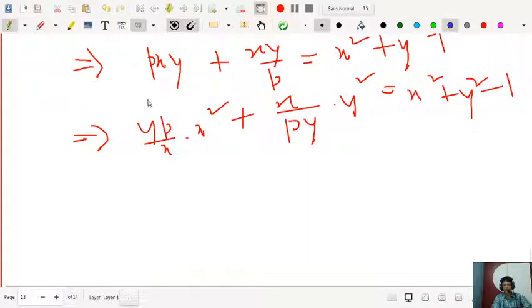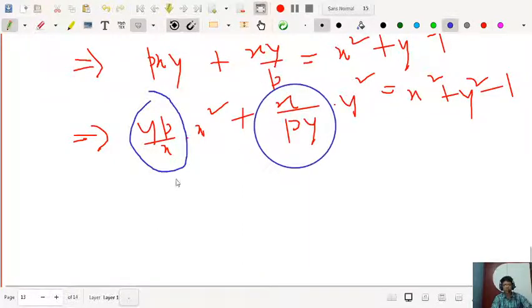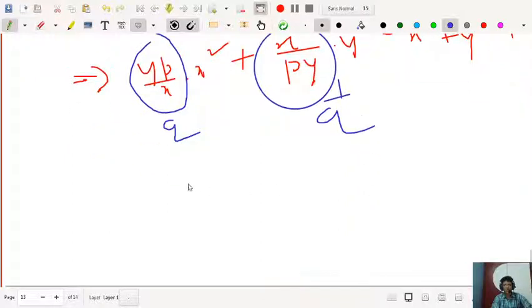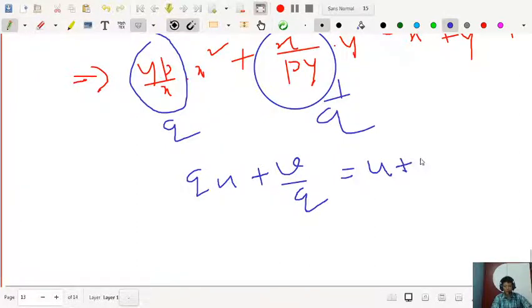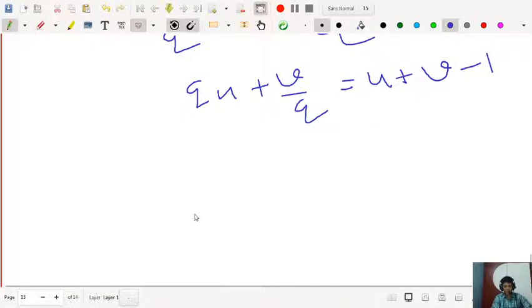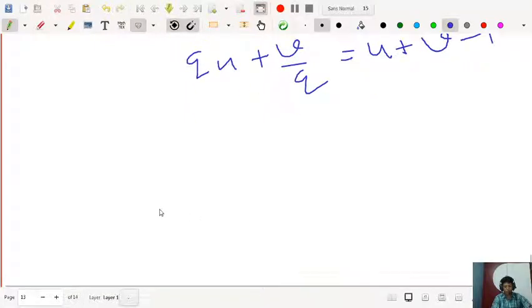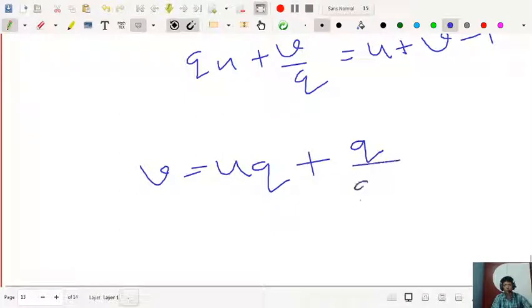Okay, so look at that. This is your q, this is once again q. So I'm showing you two problems once again. So q, 1 by q, this will be 1 by q, right? So qu plus v by q equal to u plus v minus 1. And in this case, if you check, it will be v equal to uq plus q into q minus 1, q by q minus 1, q not equal to 1.